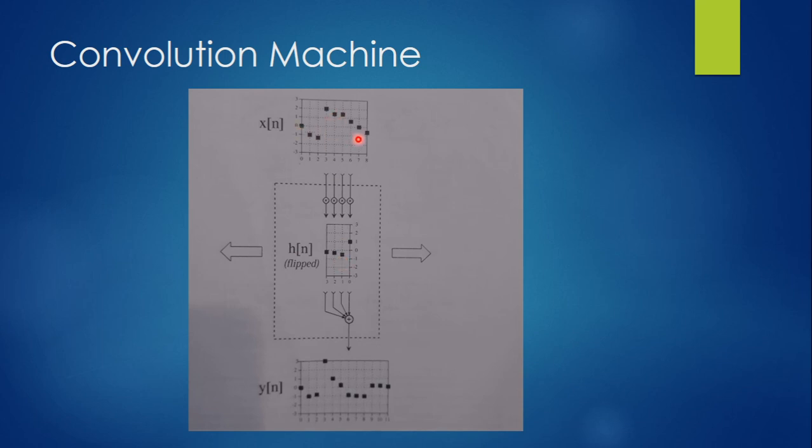Again multiply it with the Xn input sequence and do the summation, you get the second point. Then you shift by 1 more sample, do the multiplication. Whatever the sequences you get, do the summation. This is your output. You have to keep on doing this until you get the zeros.